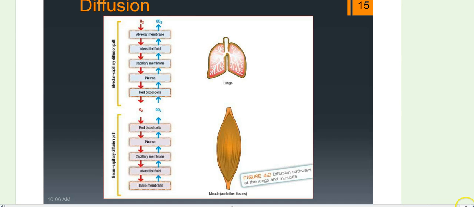It is important that we do know the pathway of blood. So this is something to look at with respect to oxygen delivery.